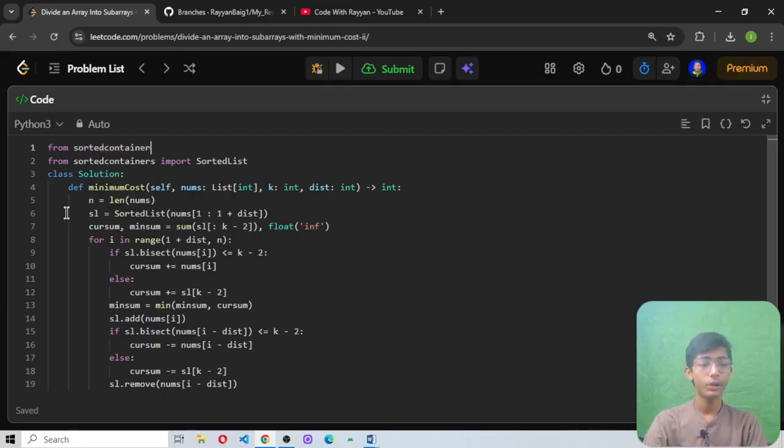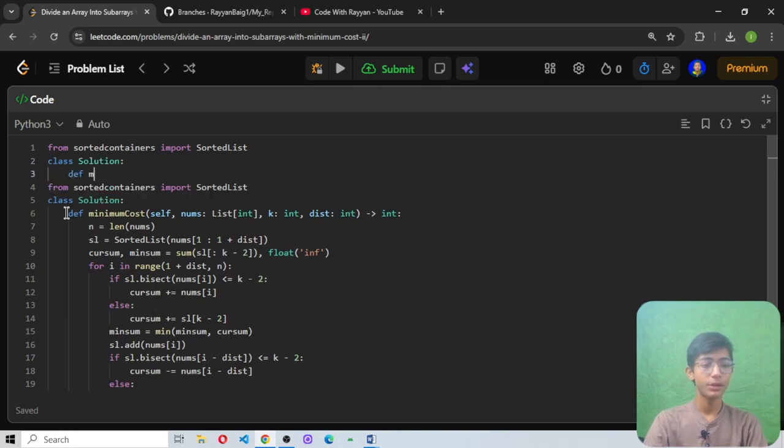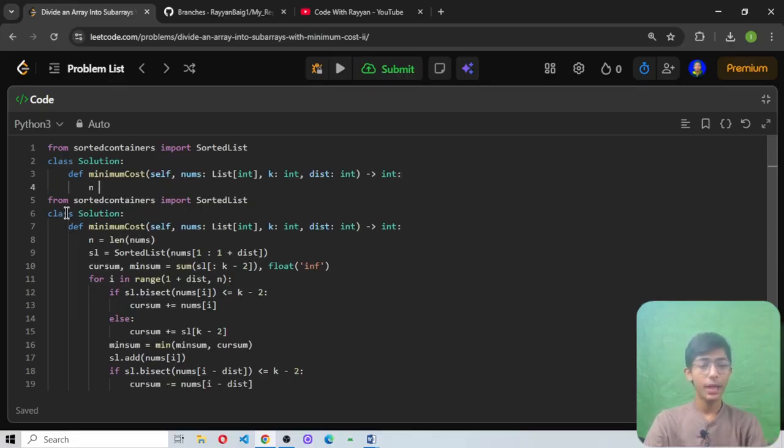First of all, we write from sortedcontainers import SortedList. Class Solution, def minimumCost(self, nums: List[int], k: int, dist: int). And then here we define n equals length of nums.